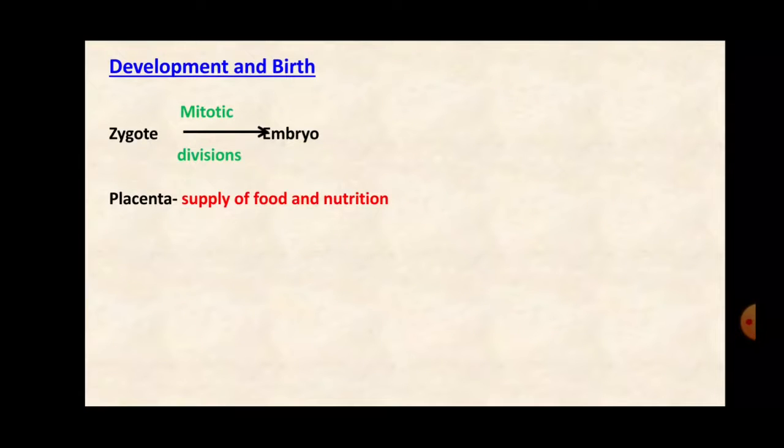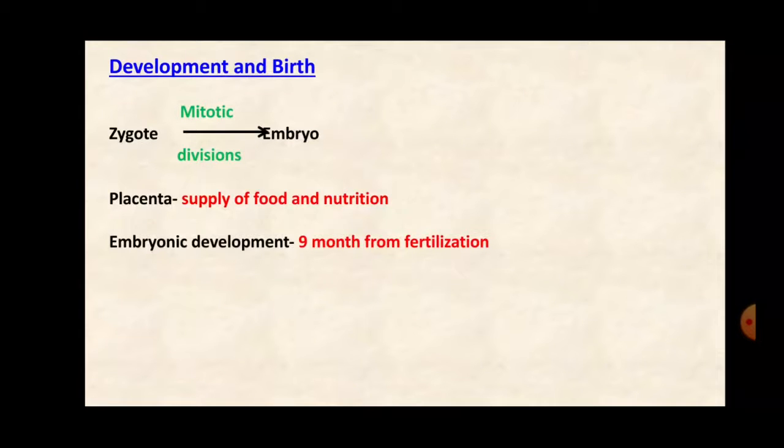Next, once this embryonic development is completed, which usually takes 9 months, which we all are aware of, after the fertilization, from the start of the fertilization you can count approximately 9 months for a baby to completely develop.